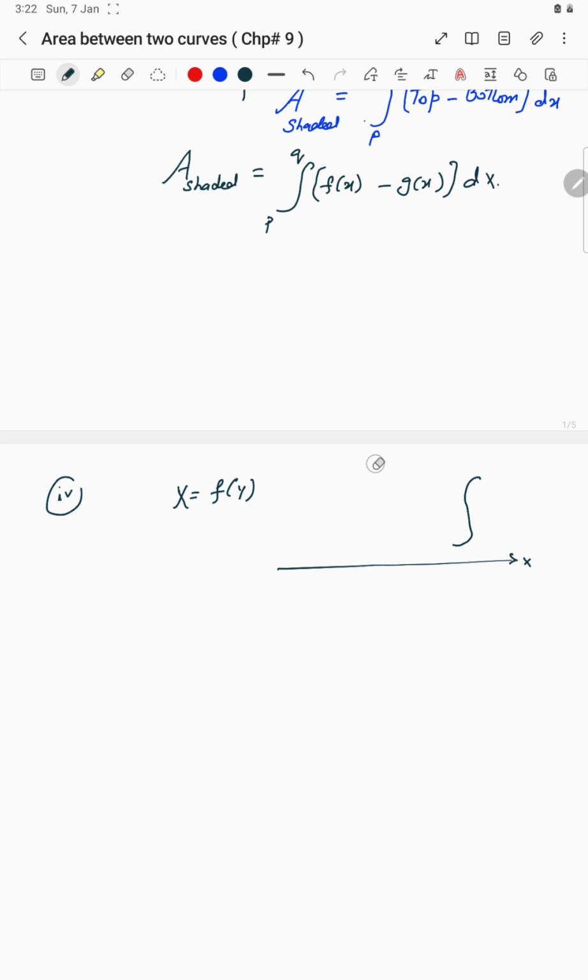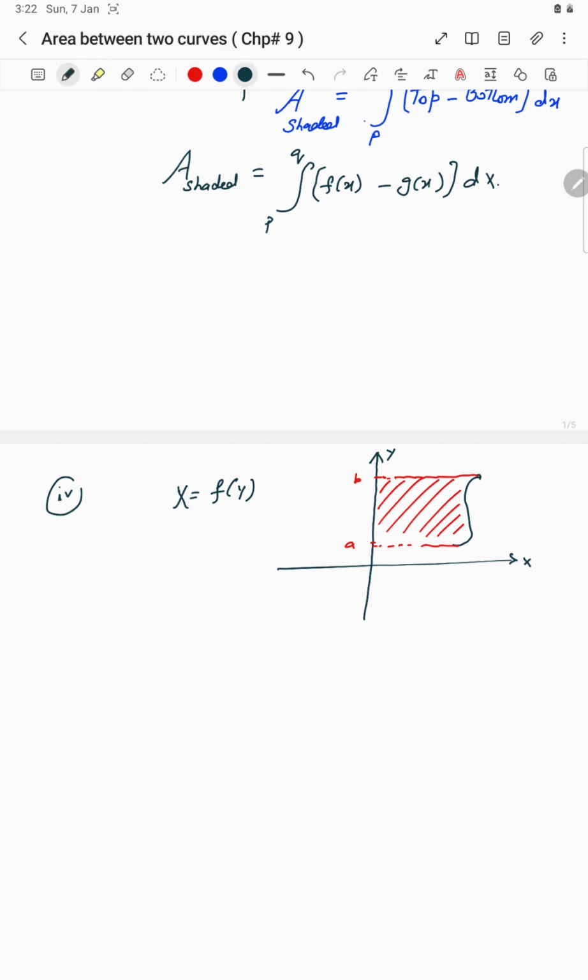So for this y-axis we can make this a little up. So this is the y-axis and this is the x-axis, and here is a, here it is b on the y-axis. So we are interested to find the area of this shaded region, right?